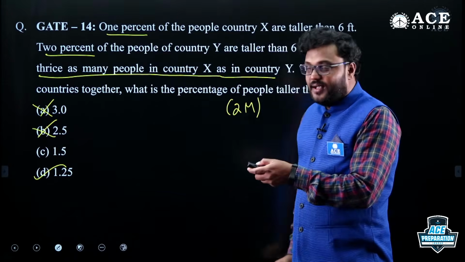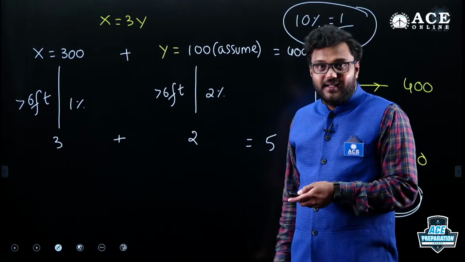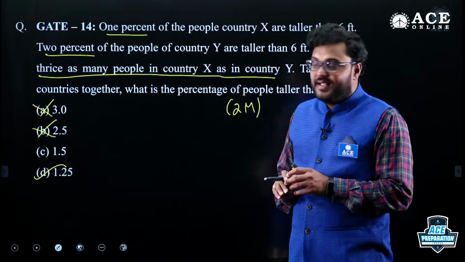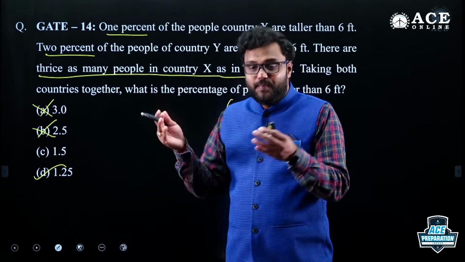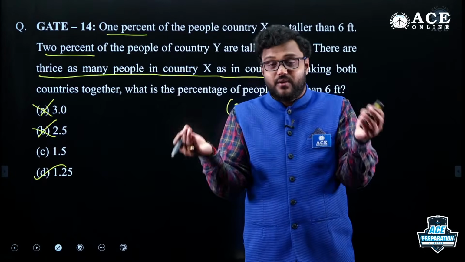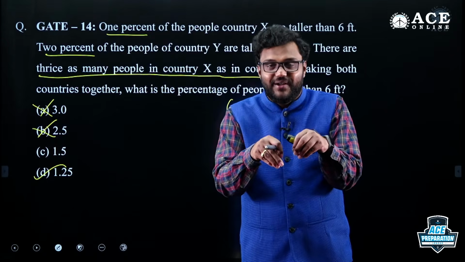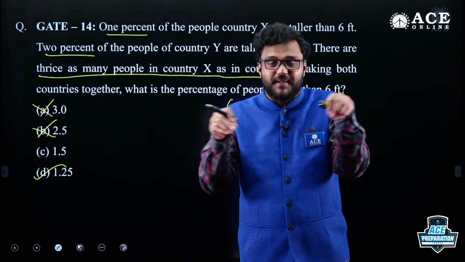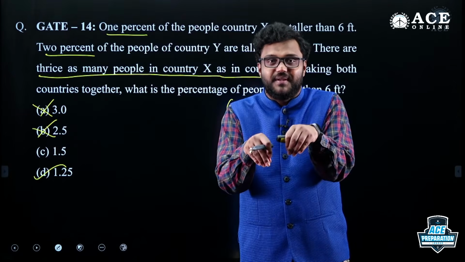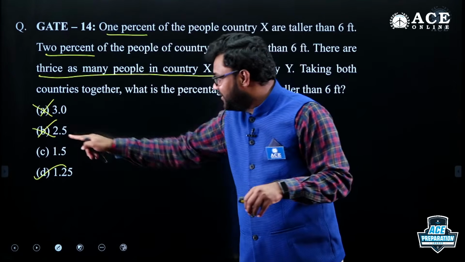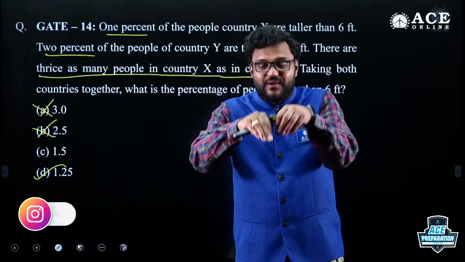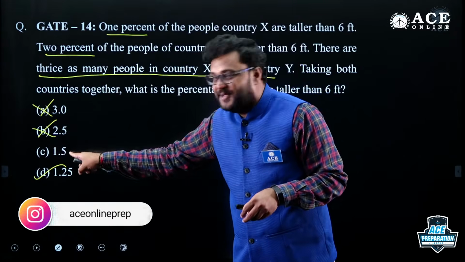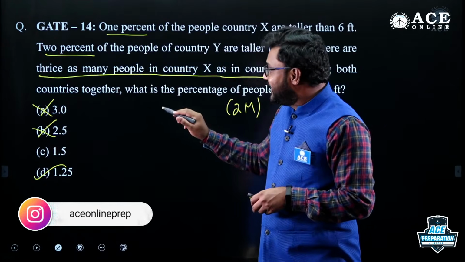Among these, when it is 1% and the other one 2%, with common sense, there are 3 methods. One we discussed elaborately here. The second method is with common sense. When 1% and 2% are mixed, in what ratio are you mixing them? In whatever way you club 1% of this and 2% of this people, the resultant must be between 1 and 2 only. These two are eliminated. If both are equally there, it's 1.5. Is it equal? No, right.